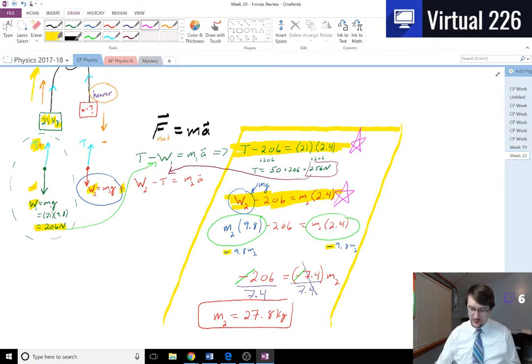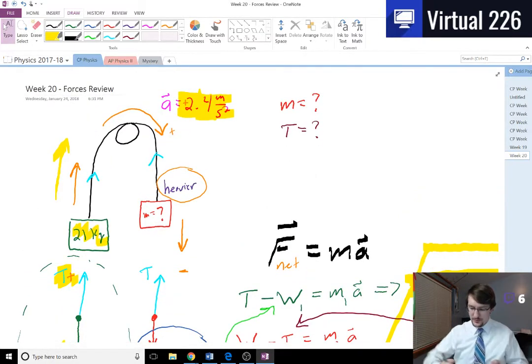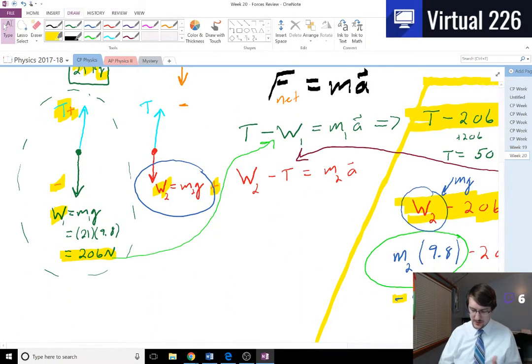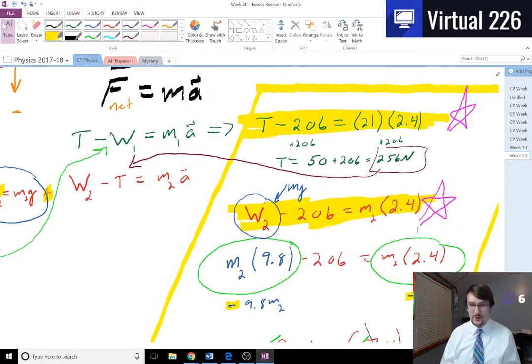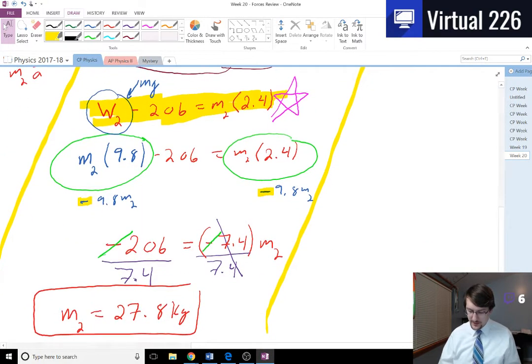That's what we're looking for. But in the end, we have an Atwood's machine, a pulley problem. We're looking for mass and tension. Free body diagram. F equals ma. Plug in some numbers, and then from there, play with the math. Okay? And with that, this problem is finished.